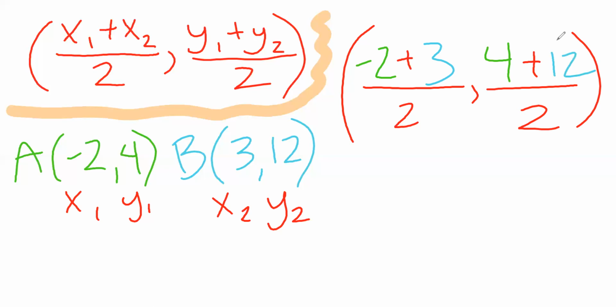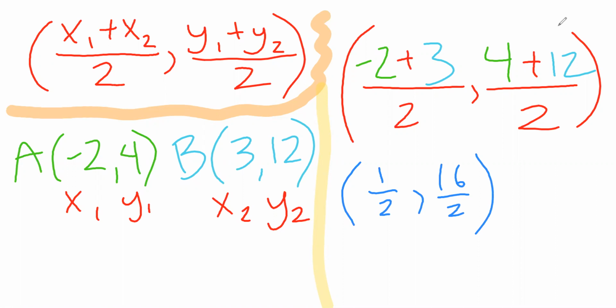So then we're just going to take it step by step. Let me go ahead and draw a little dividing line, because otherwise I don't like how it gets confusing for me. All right, so we have -2 plus 3 is +1. 4 plus 12 is 16.